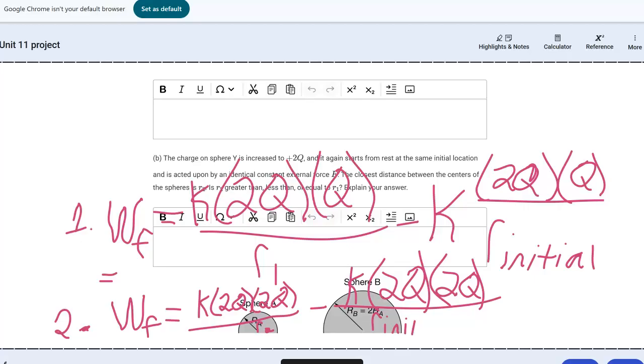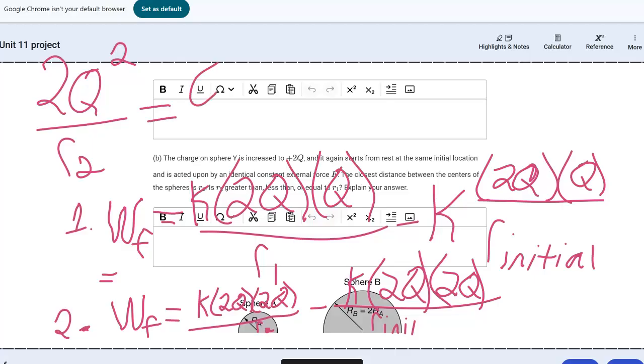So if we solve for both, set them equal: 2Q squared over R1 is going to be Q squared over R2.